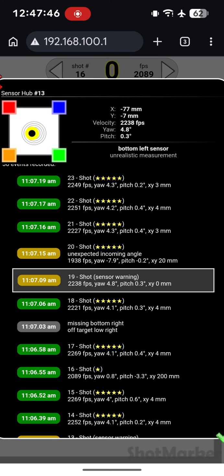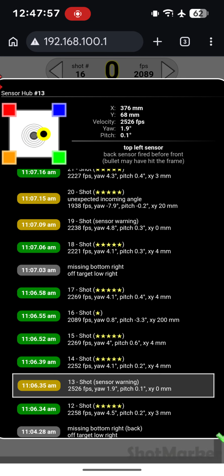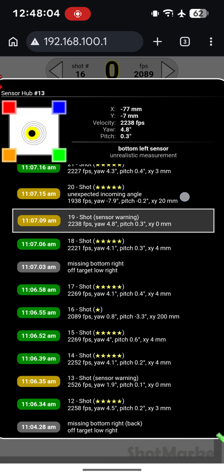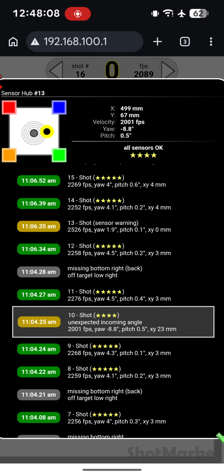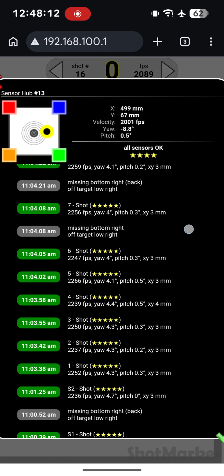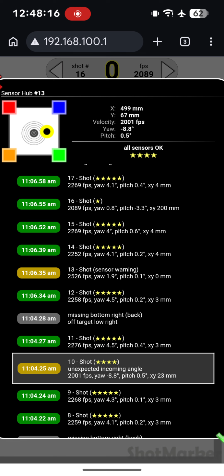Another one, you can see the velocities are off, the angles are screwy. This one says the bottom left sensor has an unrealistic measurement. This one says the top left sensor was funky. So it kind of looks like maybe the left side is what caused some of these. So those are the 4 shots that had problems.